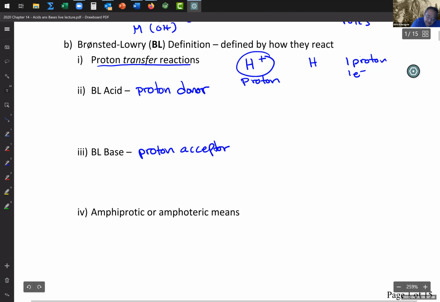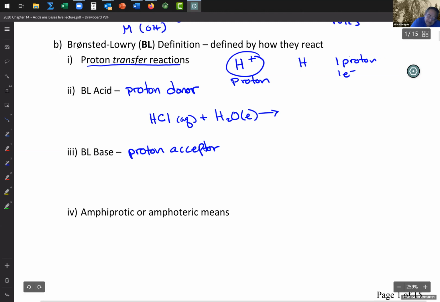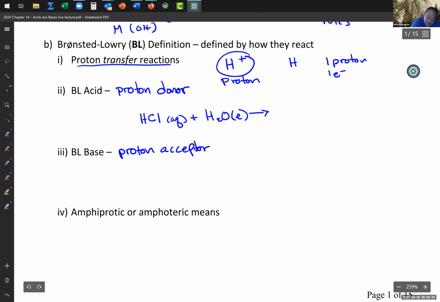So let's say you have a reaction of HCl and water. HCl will be aqueous, but now we can't just say aqueous. We have to show that it's reacting with water, which is a liquid. Then HCl is the acid. It's going to donate a proton, so it's going to donate an H+ to the water.